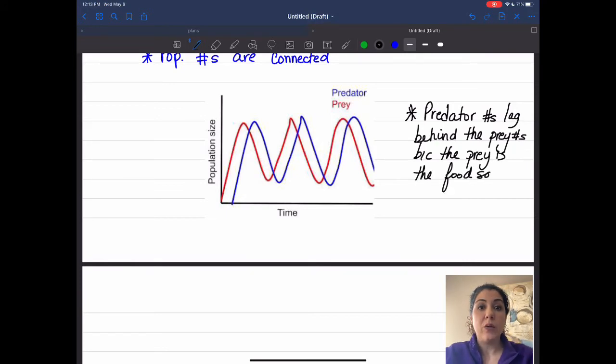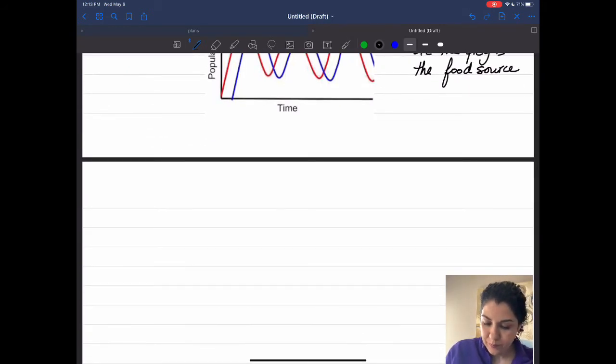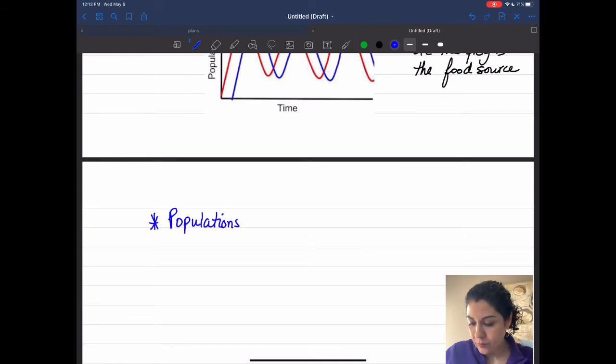Okay. Now, not only are these two populations related in numbers, they're also related in their evolution.